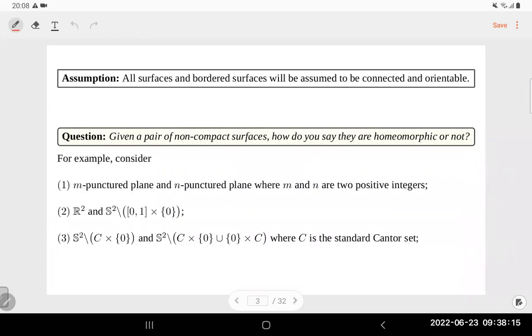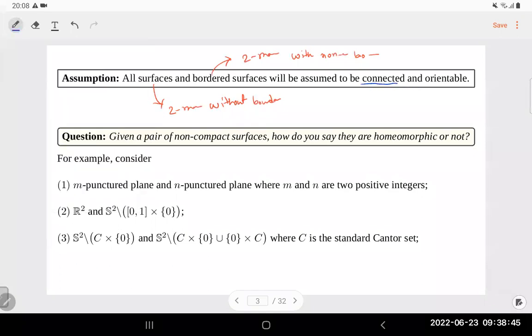Throughout this talk, I'll assume all surfaces and bordered surfaces. Just note that a surface means a two-manifold without boundary, and a bordered surface means a two-manifold with non-empty boundary. I will always assume the surface is connected.